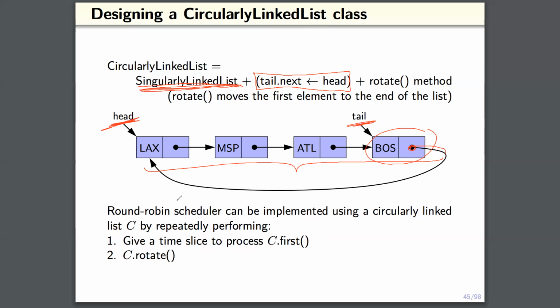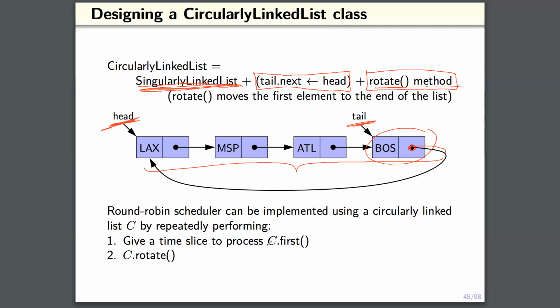Now this is the structure of your circularly linked list. And we will add one more method to it. What is the function? Rotate function. It's fundamental, right? As you saw in round robin, you had to rotate it. So instead of deleting from first and adding at last, multiple operations, we will define a rotate method that does it in a very simple way.